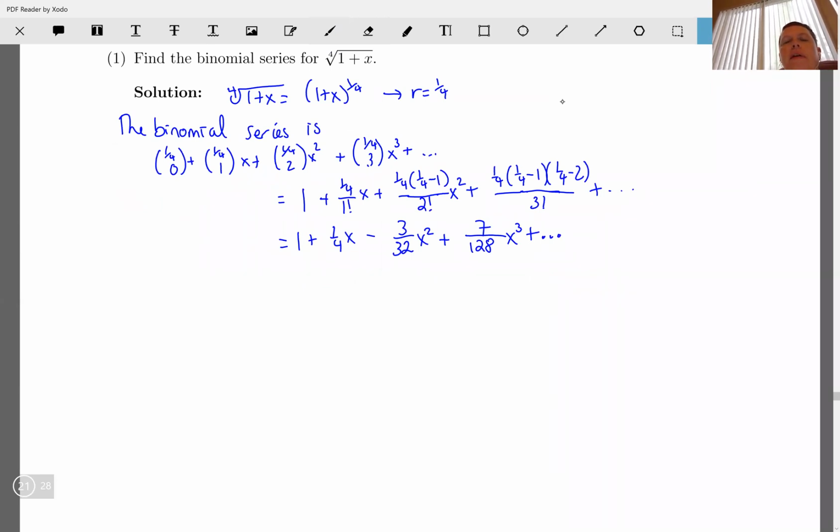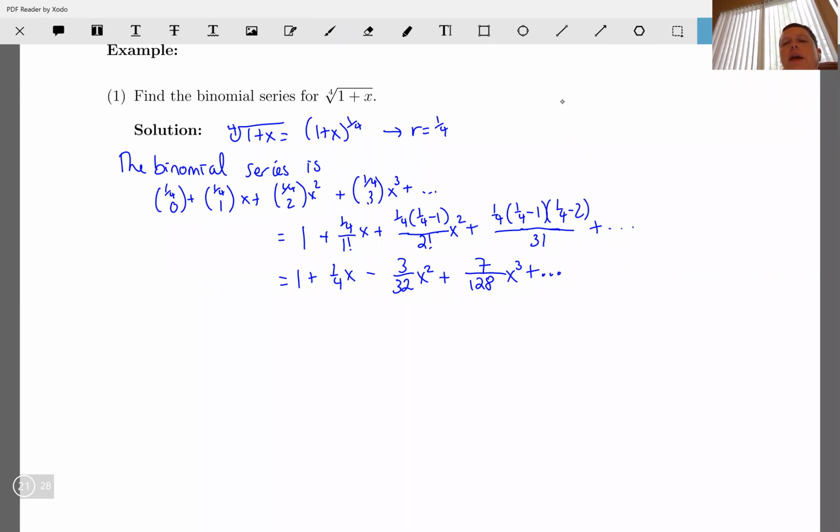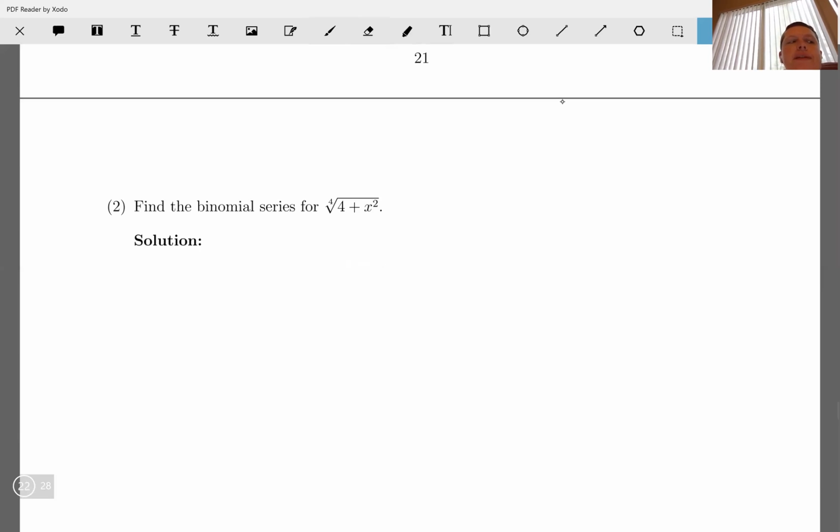If you have any questions on this, just like always, don't forget to write them down and ask them during class. All right, what about this one? This one's very interesting. First of all, we see that we can write this as (4 plus x squared) to the 1/4.